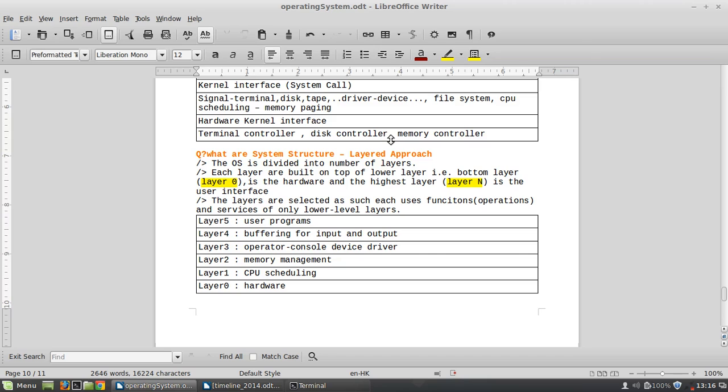It's just like you start building a base, and on top of the base you keep on adding. You can reach the highest layer, that is layer N, starting from the bottom layer, that is layer 0.